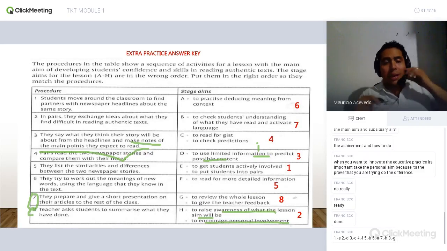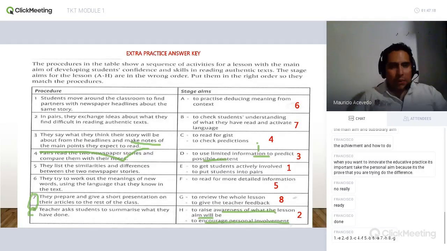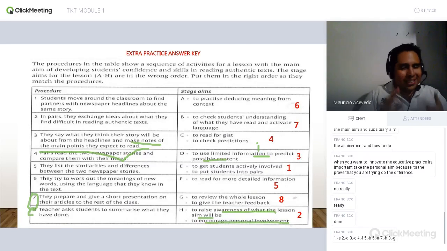Okay, Francisco, so tell me, I know this exercise was a little bit more difficult. That's why I was going to give you 15 minutes. Fortunately, you finished it in 10 minutes, so that's okay. But remember, this is a little bit more complicated. In the real exam, you are not going to have those kinds of questions. This was just an extra activity.